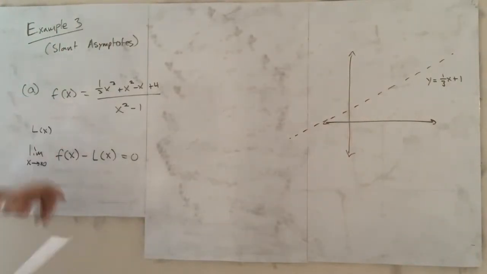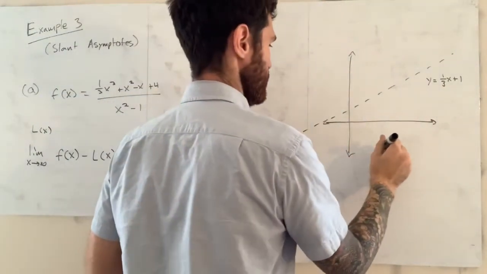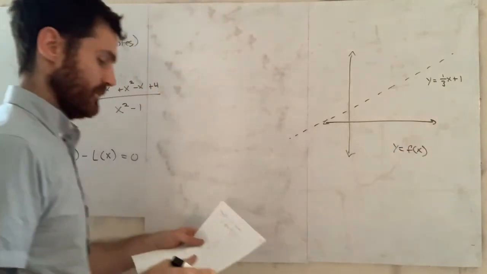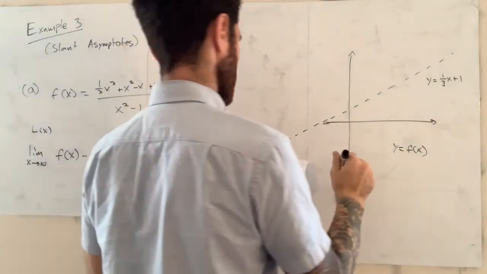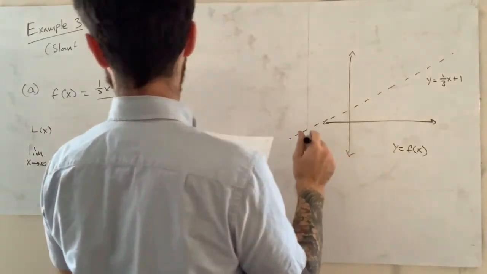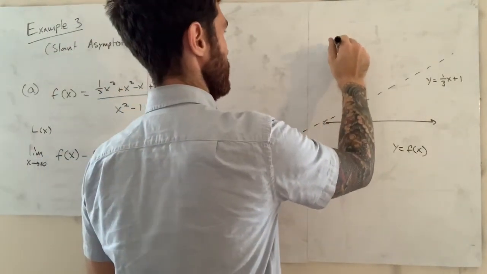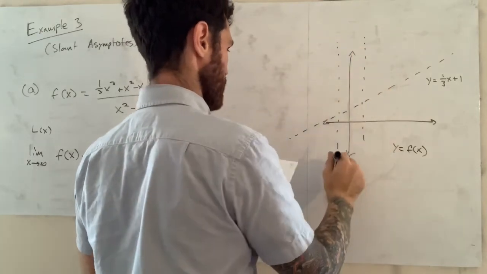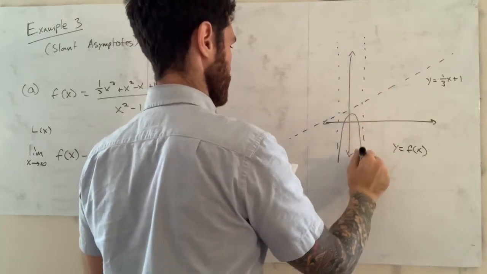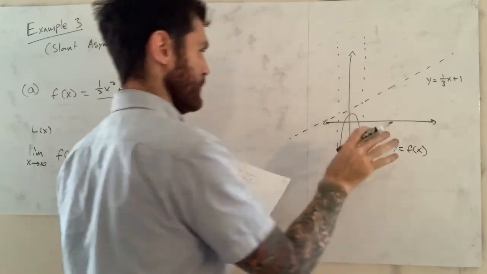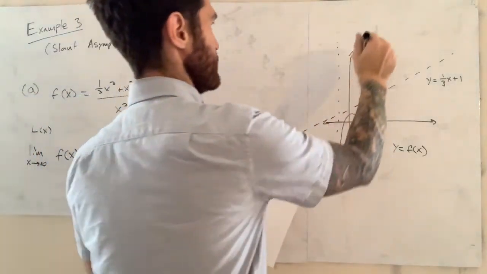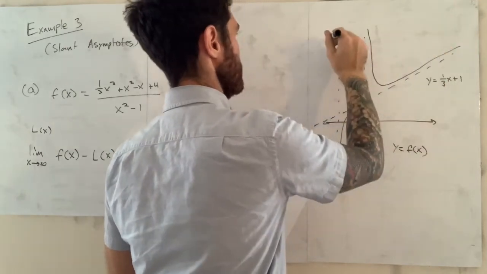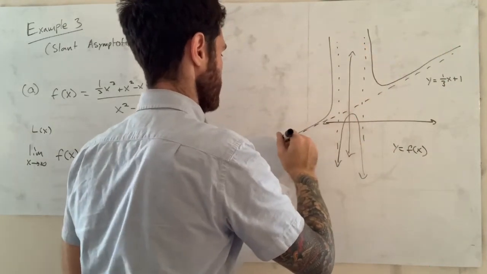So if we were to graph it, it would look something like this. If you were to look at the graph of the function y equals f of x, it's actually going to have these 2 asymptotes. You might be able to guess where they are. The graph is going to look like this between them, and it's going to go like this, and then also like this.